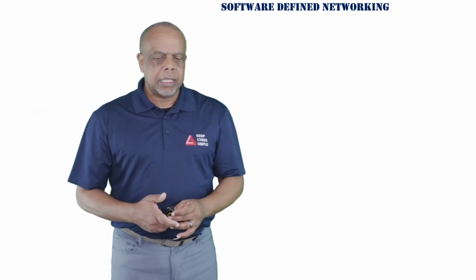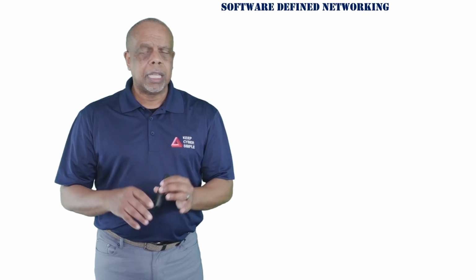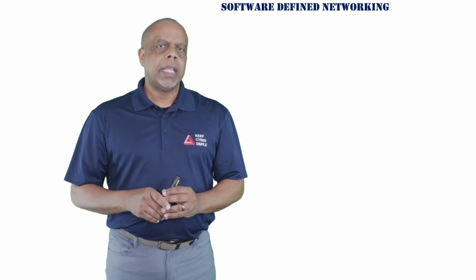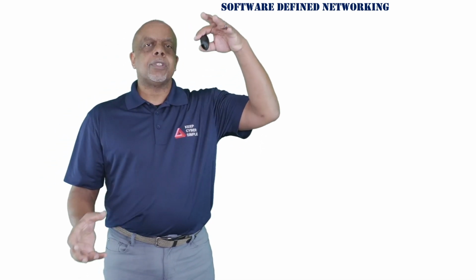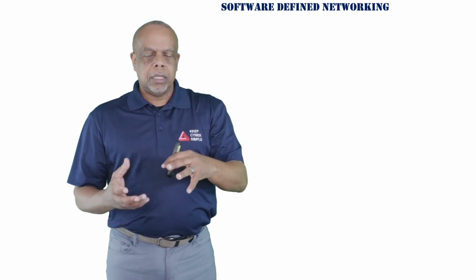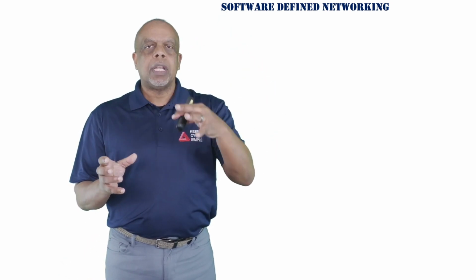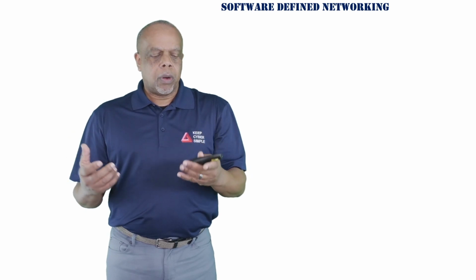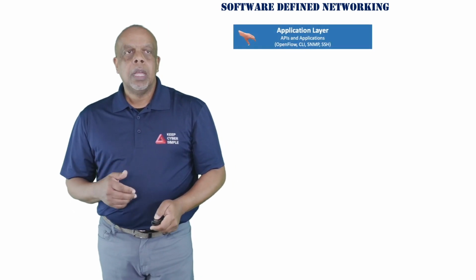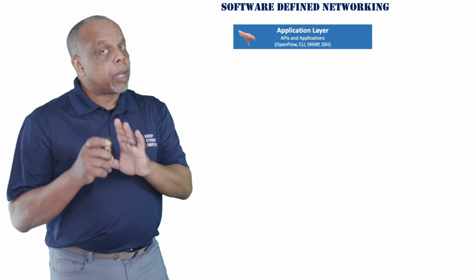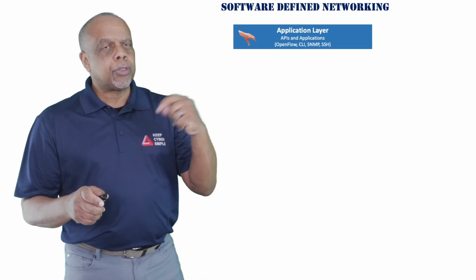Software defined networking is similar, not the same, but similar to virtualization, where we break those layers apart. It's almost like we're virtualizing the network architecture. So in software defined networking, we still can pull the thread across.